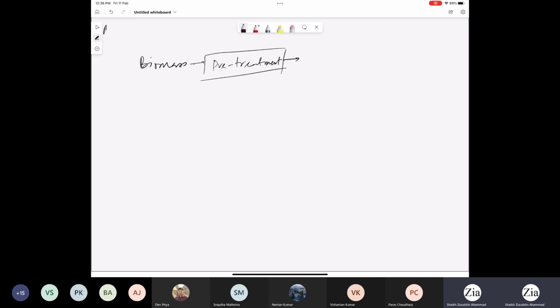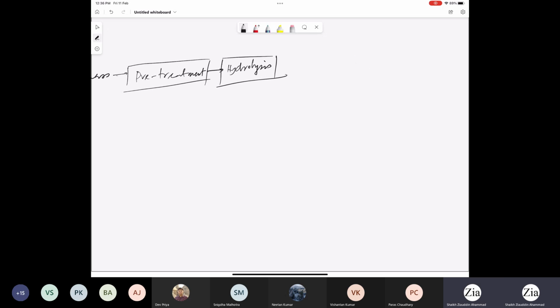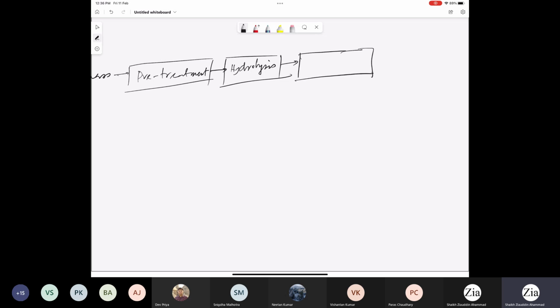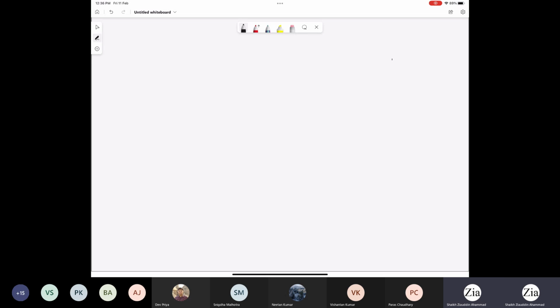And finally, after pre-treatment, we try to hydrolyze, and after hydrolysis, we do the fermentation. And then we have purification for getting sufficient concentration.